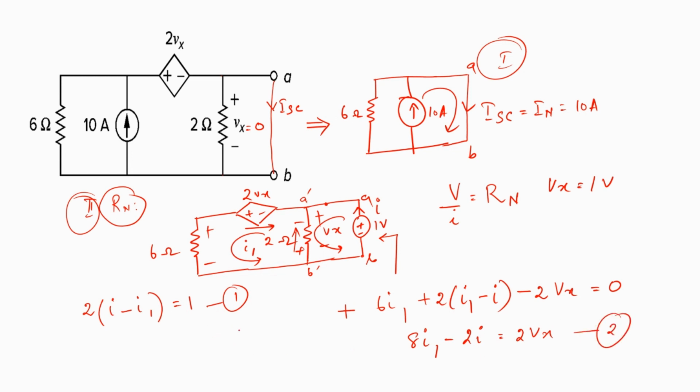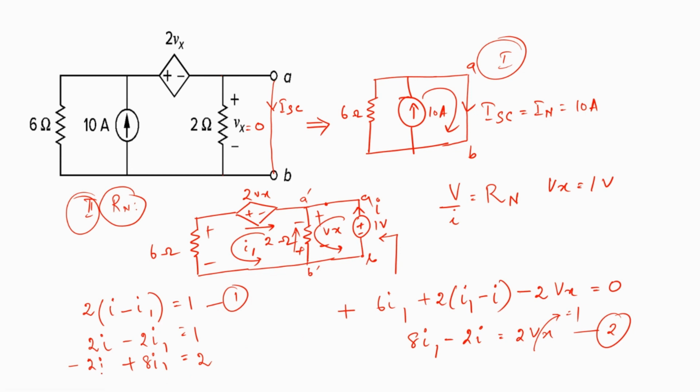So on resolving both the equations, I would be able to obtain the values of I and I1. So how do I do that? So this is 2I minus 2I1 is equal to 1, and I have minus 2I from the second equation plus 8I1 is equal to, since Vx is 1, I'm just going to keep it as 2 over here.